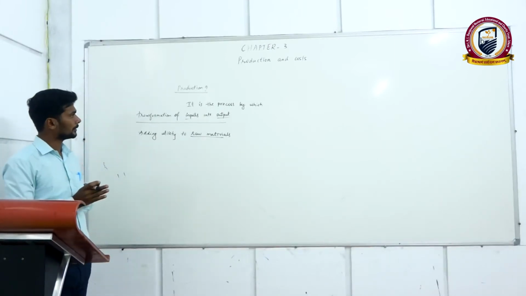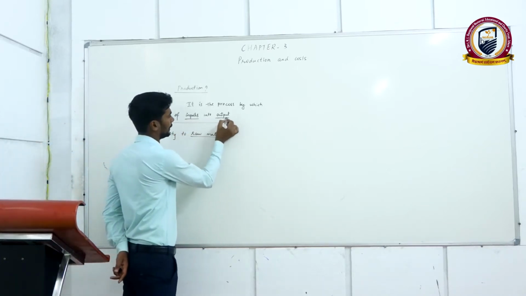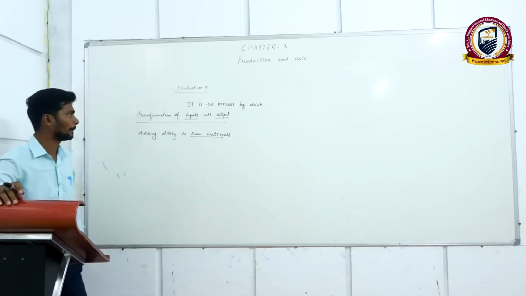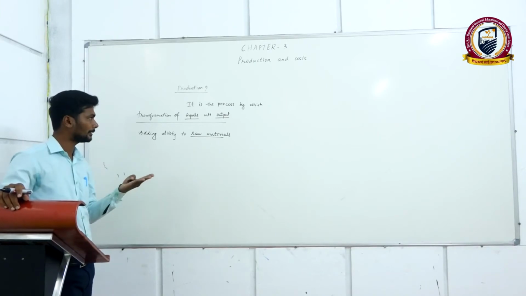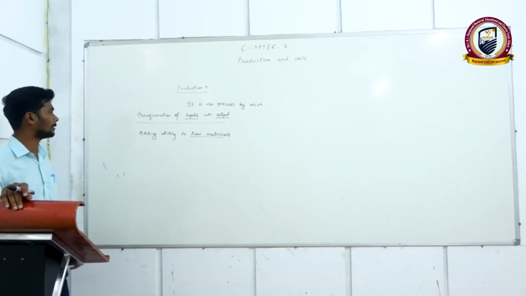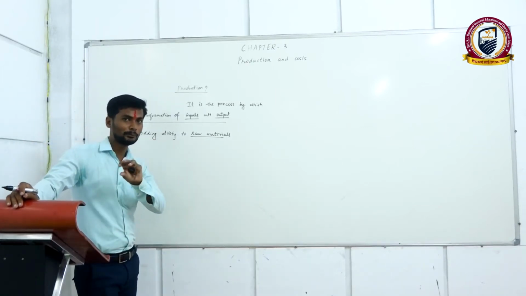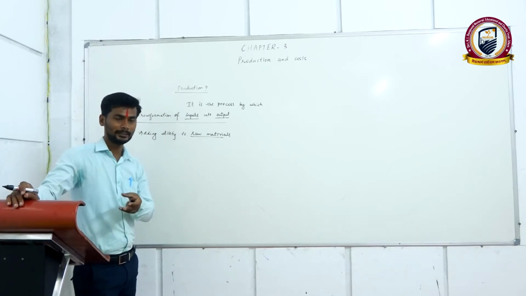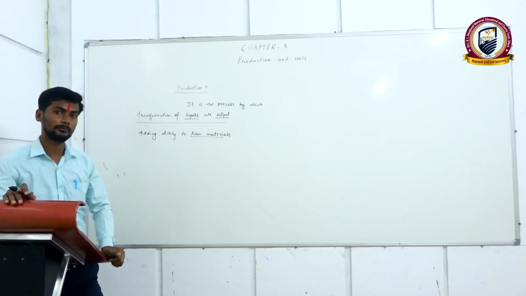Let us first understand in detail about inputs and outputs one more time. I told you, production means the process by which inputs are transformed into output, or else you can add another definition, adding utility. You already know what utility is. Utility is the want satisfying power of a good.